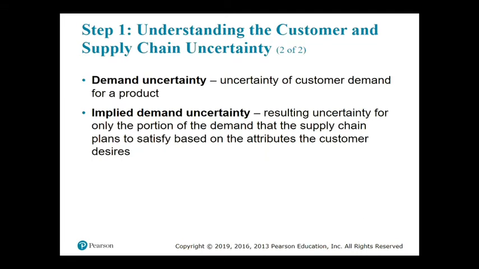And so when we talk about demand uncertainty, there is demand uncertainty itself. So that's the overall uncertainty of customer demand for a product. And there is also implied demand uncertainty. So in different scenarios, with the same customer segments, we even could have different levels of implied demand uncertainty.